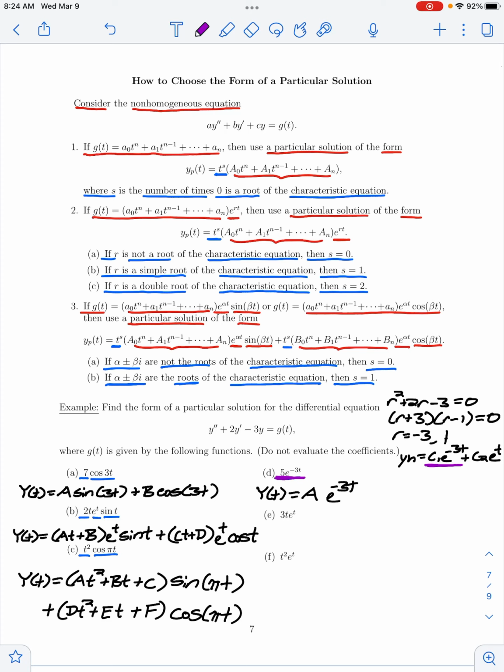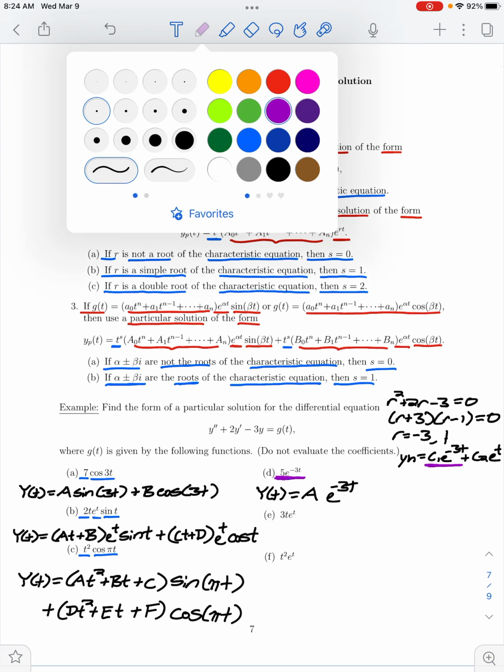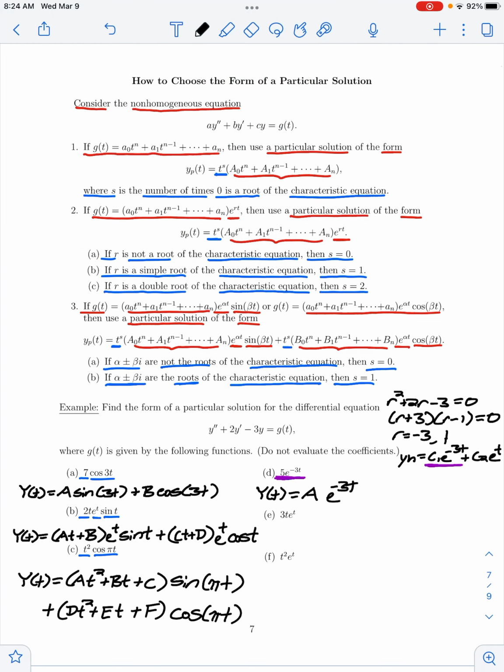So we need to multiply our initial guess by a factor of t, giving us a times t, e to the negative 3t. And now we see that our homogeneous solution does not contain anything of the form t times e to the negative 3t. So this would be the correct form for our particular solution.